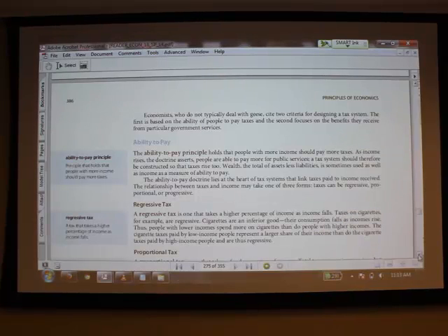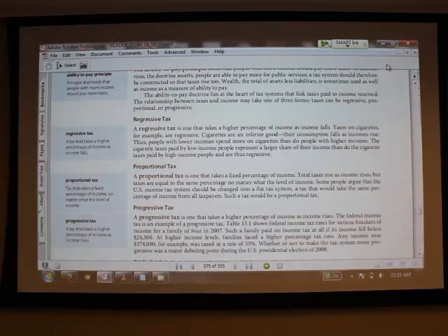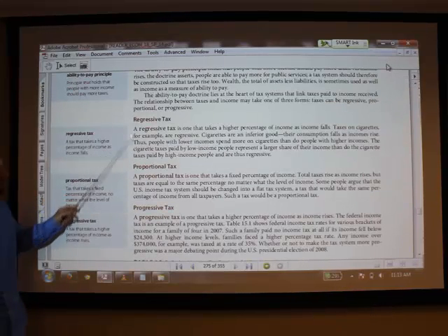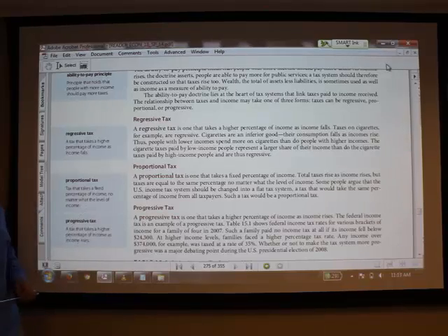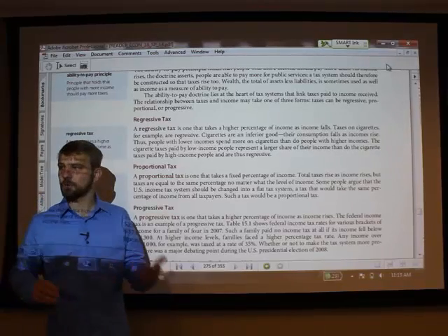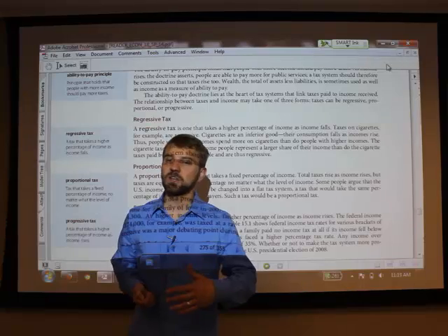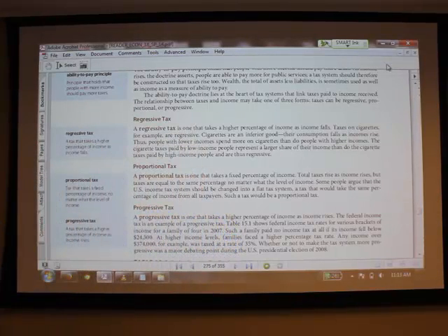When we talk about taxes, they can take three forms: regressive, progressive, or proportional. The difference between these three types of taxes has to do with how the tax rate varies with income. And so, what do we mean by tax rate?